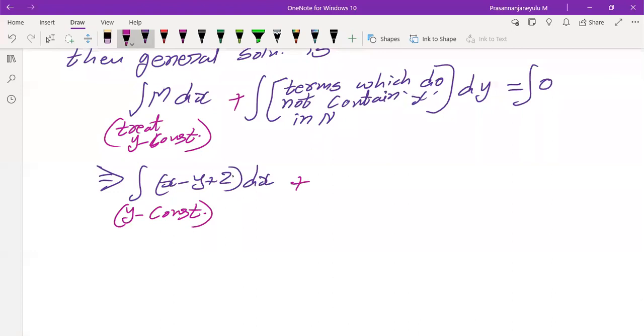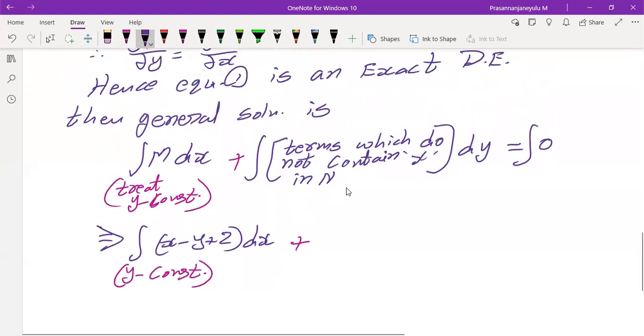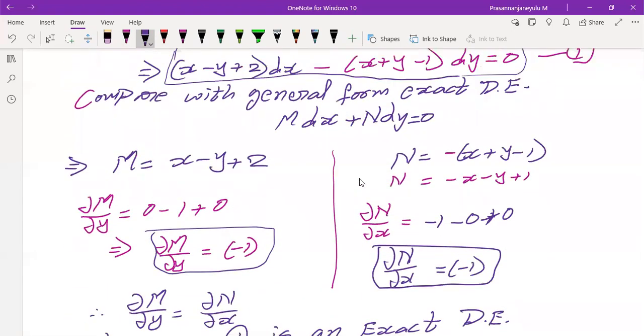Plus, what is n? What is the n function? Minus x minus y plus 1. In this, which terms do not have the x variable? The first term contains x variable.